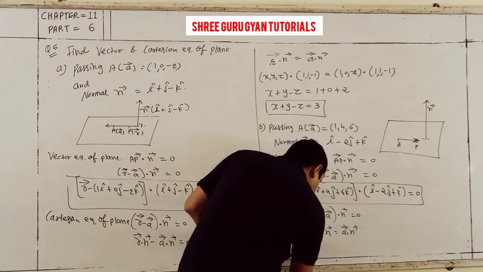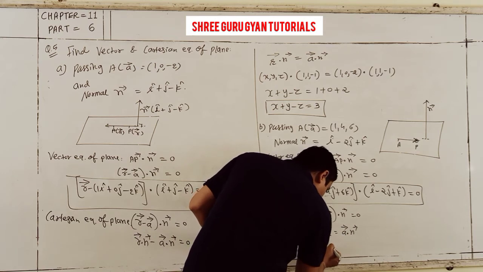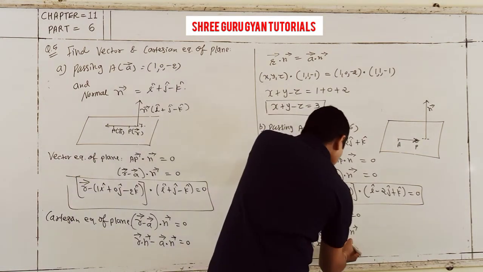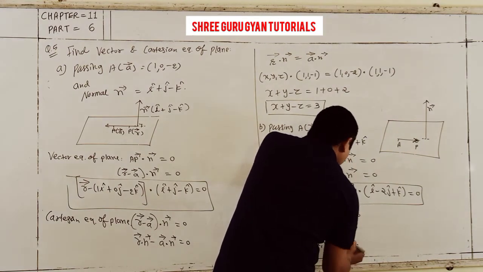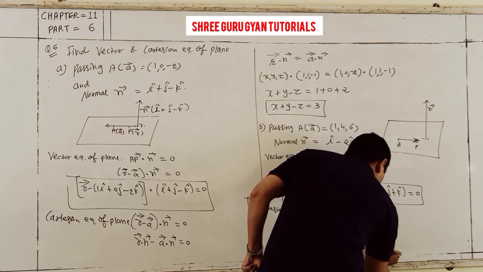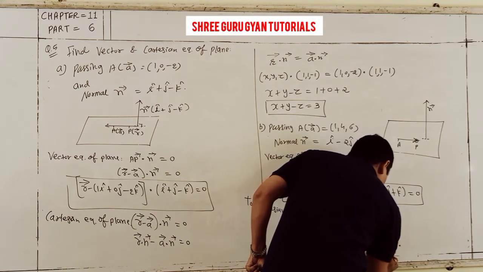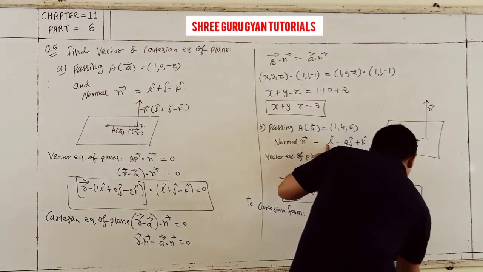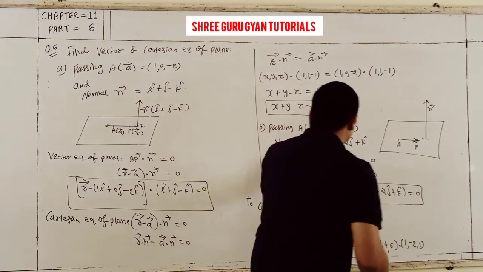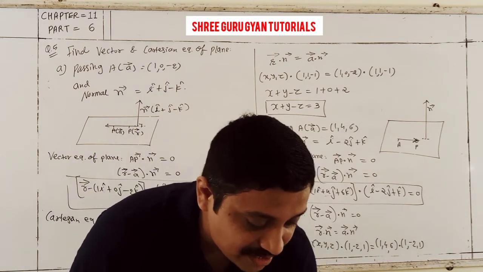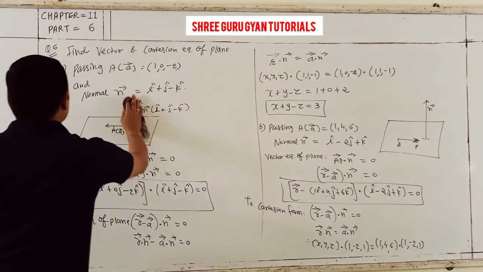r is xyz, but n, students, that's the normal 1, minus 2, 1. a is passing through 1, 4, 6, and n is again that 1, minus 2, 1, and apply the dot product. You will get very easily and very quickly your equation of the plane.